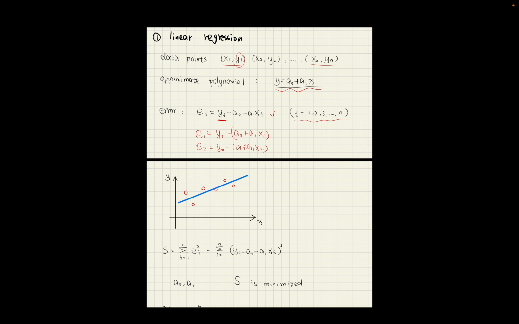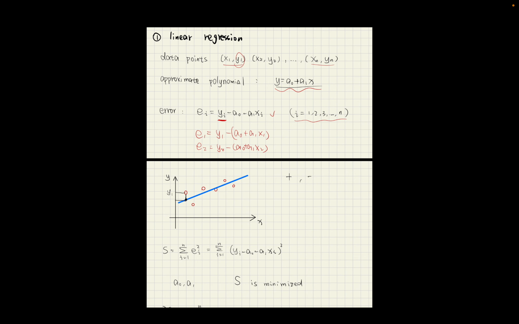But let me show you here. The error can be positive or negative. As for this point, let's say this is y1, and this is the approximated value. So y1 minus the approximated value is a positive number.